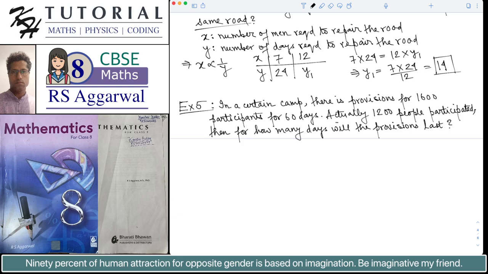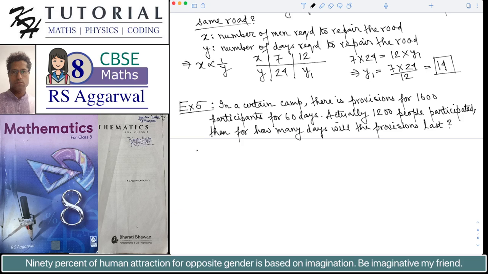So the amount of food is constant, and by consuming that amount of food, 1600 participants can survive for 60 days. It is asking, actually 1200 people participated, so for how many days will the provisions last? Basically it is asking, if the number of participants is 1200, then using that same amount of provisions, for how many days will the 1200 people survive?